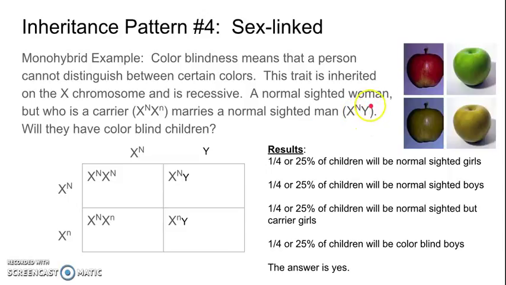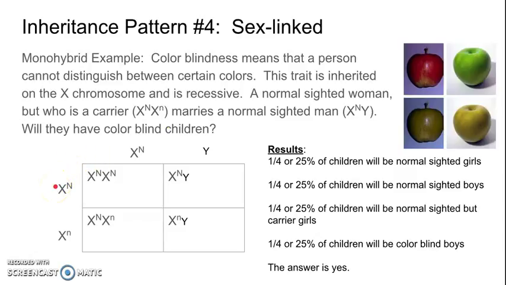However, notice that the Y chromosome does not have any designated superscript. That is because color blindness is only on the X chromosome. We are not considering anything on the Y. So when we set up this Punnett square, it's very similar to everything that we've been doing.